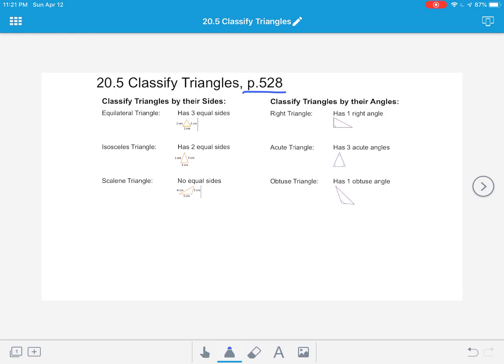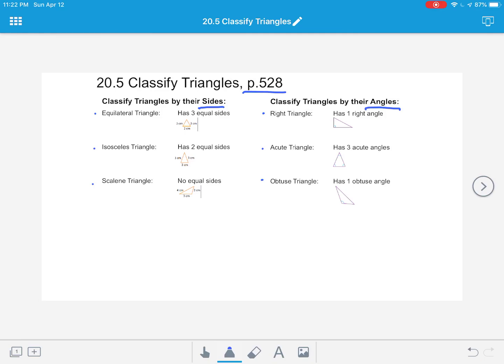In just a moment, I'd like you to pause the video and write down this vocabulary in your math journal. You need to make sure that you identify the difference between classifying triangles by their sides and classifying triangles by their angles. You have 3 terms for each type and pictures to draw. Go ahead and pause the video, get this vocabulary written down, and then unpause and we'll continue to work together.